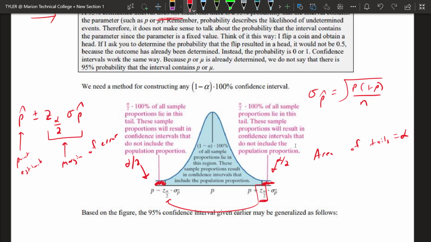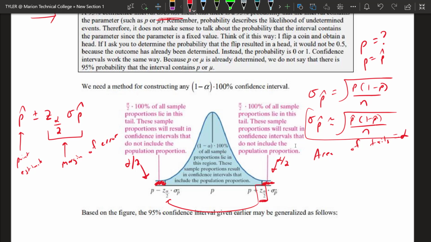But something to remember in this context when we're doing these confidence intervals is we don't know what p is. p is unknown. So what we do is we set p to be approximately equal to p hat, because that's the best measurement we have for p, which is what we obtained from a sample. So we say that sigma p hat is approximately equal to the square root of p hat times 1 minus p hat divided by n, and we're going to use this value to get the sigma p hat value.